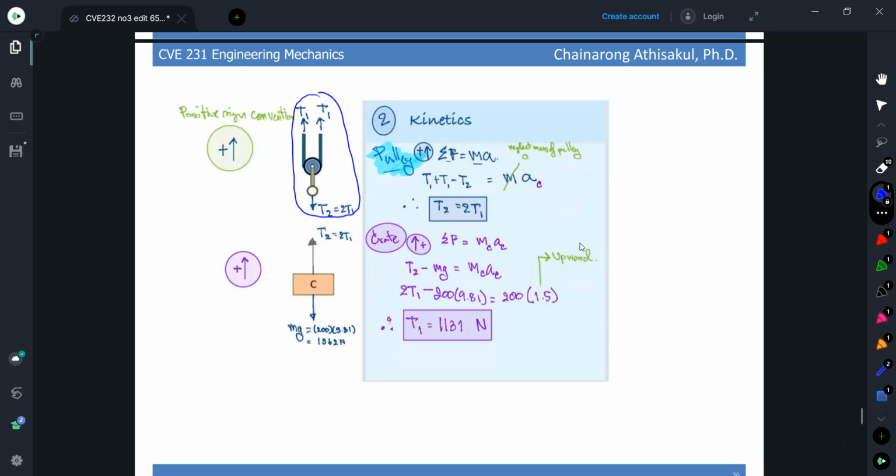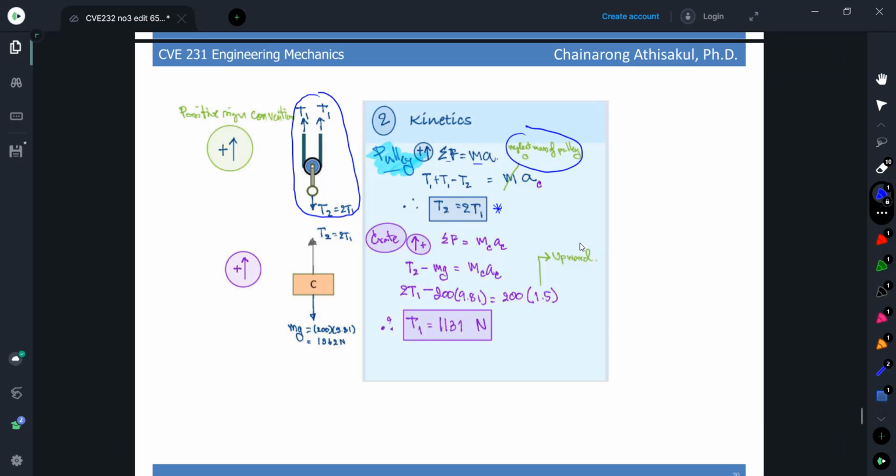We consider the pulley system like this: T1 plus T1 minus T2 equals the mass of the pulley times the acceleration of the pulley. But because we neglect the mass of the pulley, the right hand side becomes 0. So we get T2 equal to 2T1.